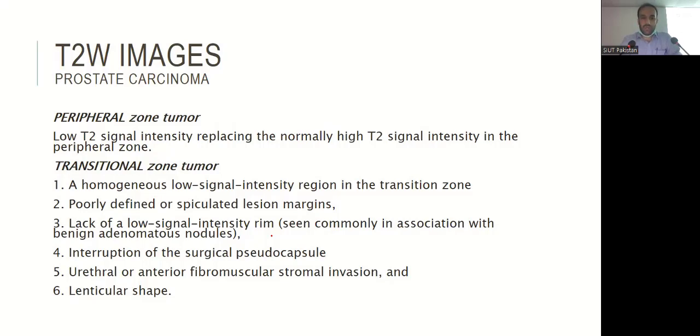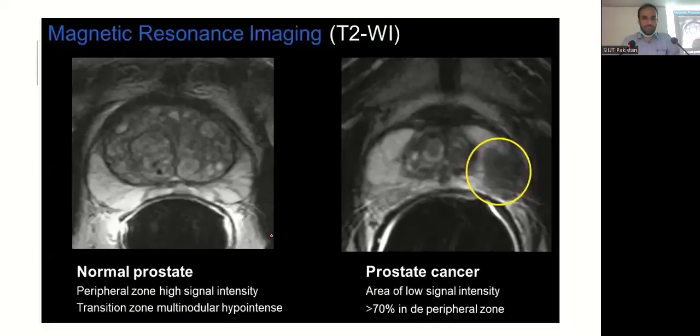In transitional zone tumor, a homogeneous low signal intensity region in the transition zone, poorly defined or spiculated lesion margins, lack of a low signal intensity capsule seen commonly and associated with benign adenomatous nodules, and interruption of the surgical pseudocapsule. Also urethral or anterior fibromuscular stromal invasion and lenticular shape.